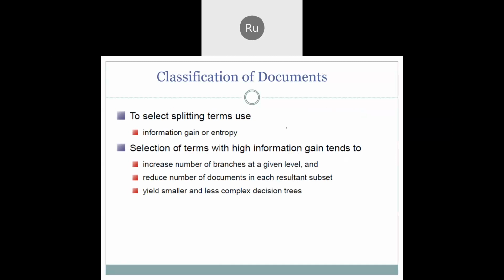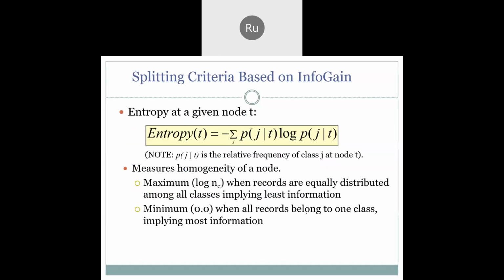Okay. So let's have a look at how we use the information gain here. I think we have studied this one before. So the info gain here depends on the entropy before and after.